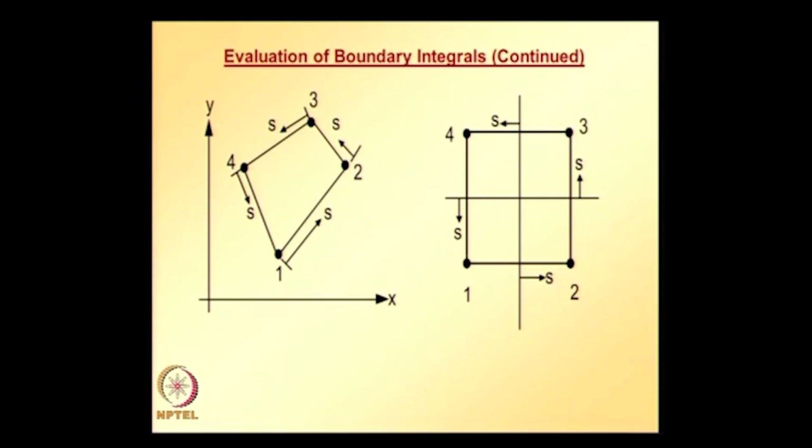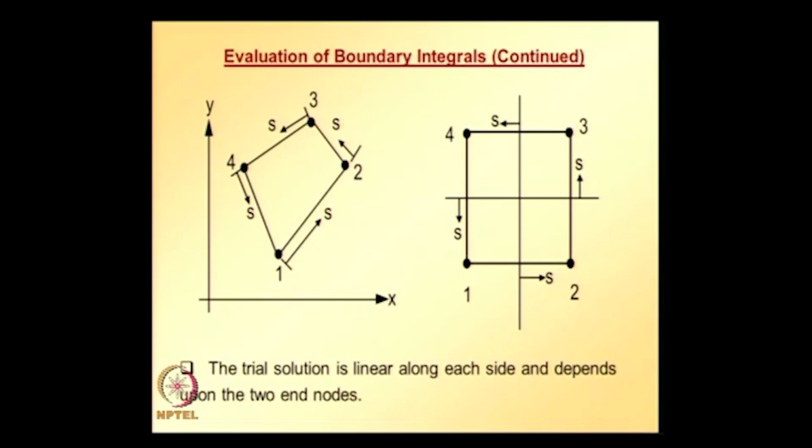Since there is only one variable, for each side all shape functions are expressed in terms of small s, with positive directions of small s for each side as shown in the figure. And you can also notice that the trial solution is going to be linear along each side and depends on only the two end values.